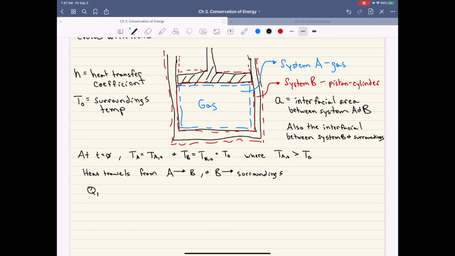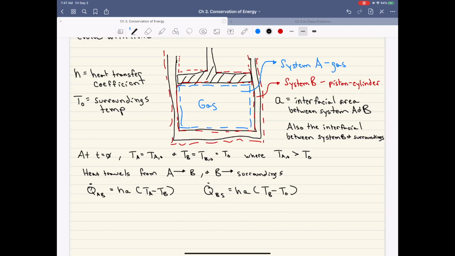Where the heat that goes from A to B is described by this equation, and the heat that travels from B to the surroundings, which I'll call S, will be this equation.